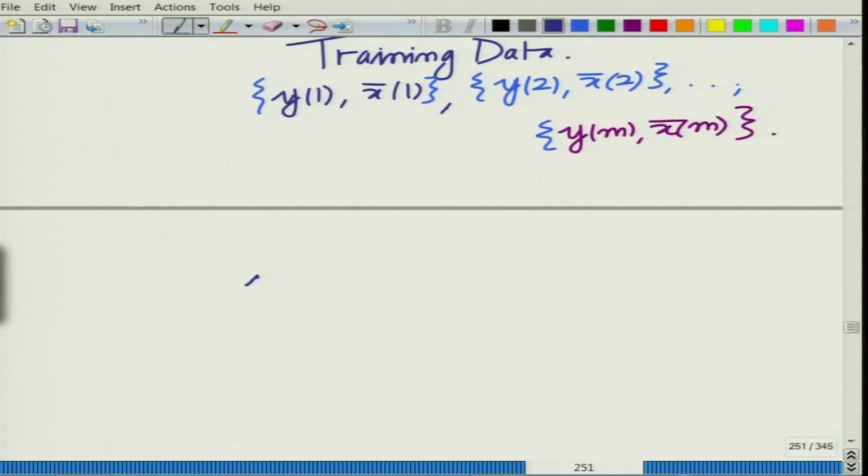And now, one can again construct the model.